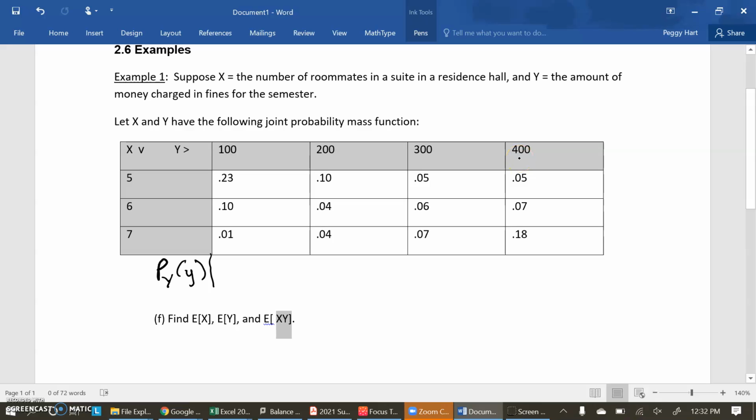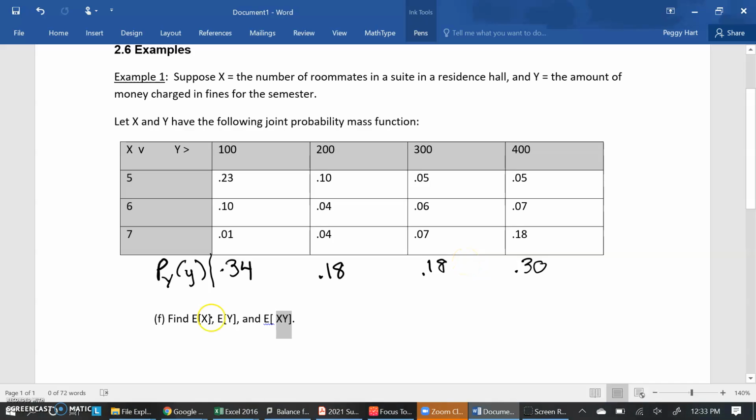If you add all of these up down each column, you'll get the probability of 100 is 0.34, the probability of 200 is 0.18, the probability of 300 is 0.18, and the probability of 400 is 0.3. Those add up to 1, by the way, as they should. That's the marginal for y.